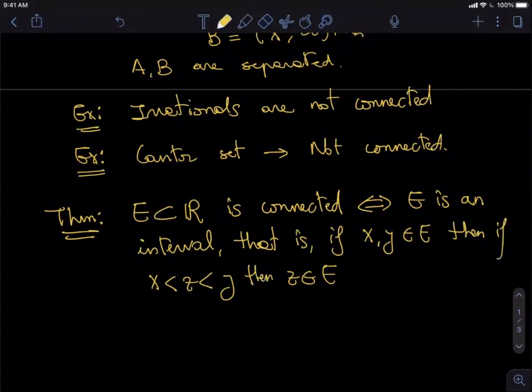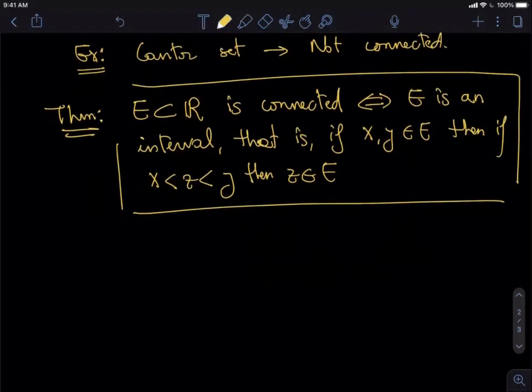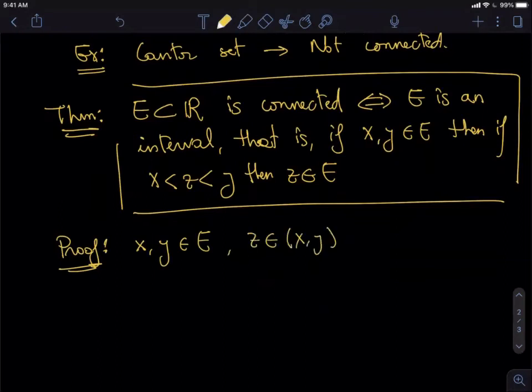So this is the theorem that we want to prove, and we see that it's an if and only if, so we need to prove the two directions. So let's just start assuming that x and y are in E, and let's pick some z that is in between those.